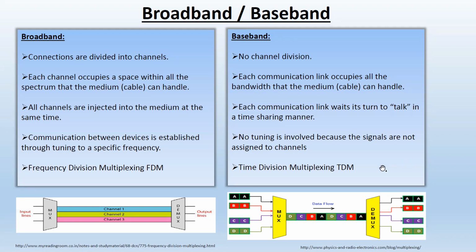So that's the time division multiplexing. In this case, this cable doesn't have to have a huge bandwidth, but it has to be able to switch fast.